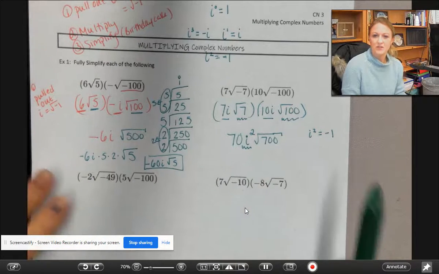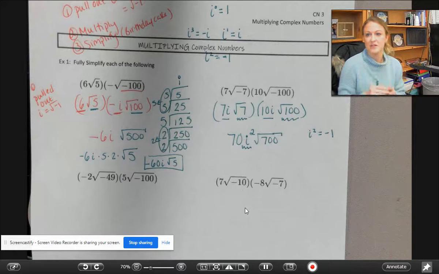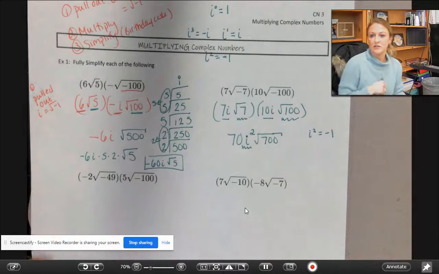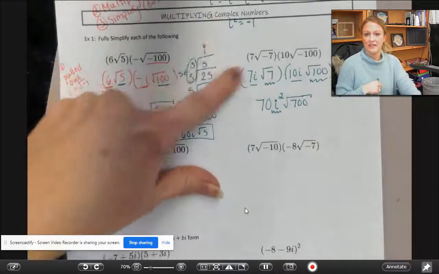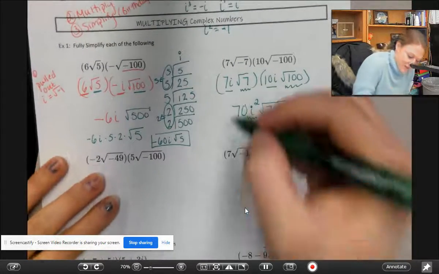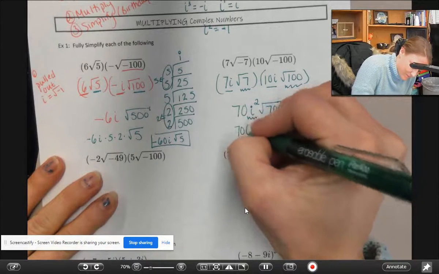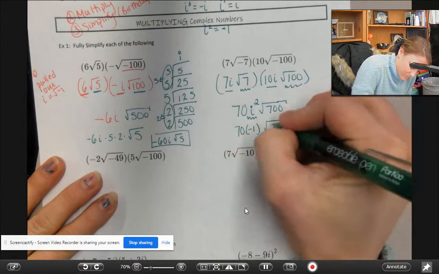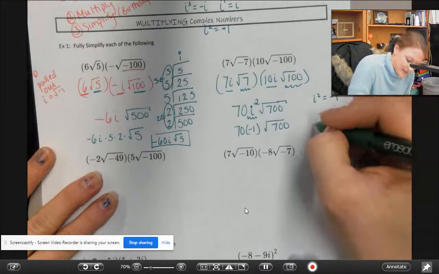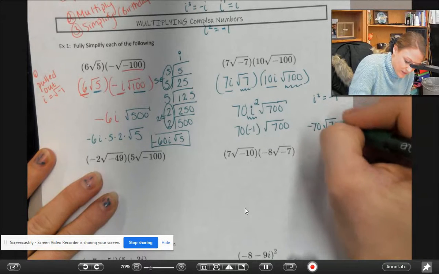Does that make sense? So anything, i2, i3, any exponential of your imaginary number has to be converted to one of its identities here, okay? So that means this is a negative 1 times 70, right? And so that's negative 70 root 700.